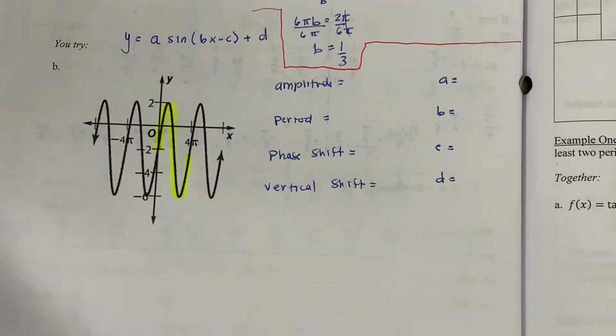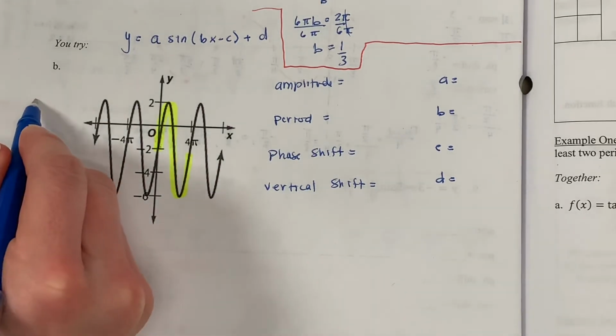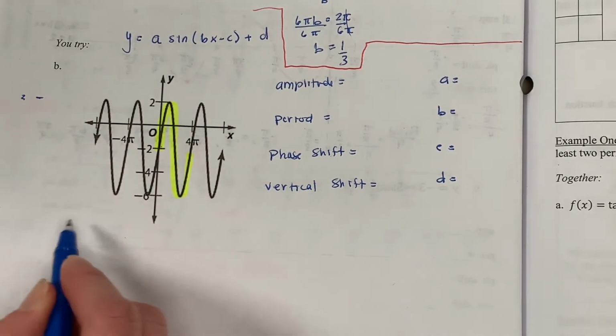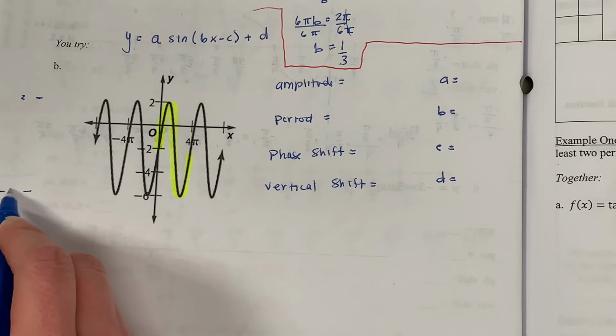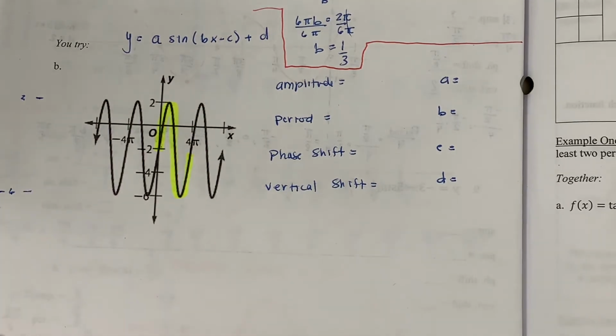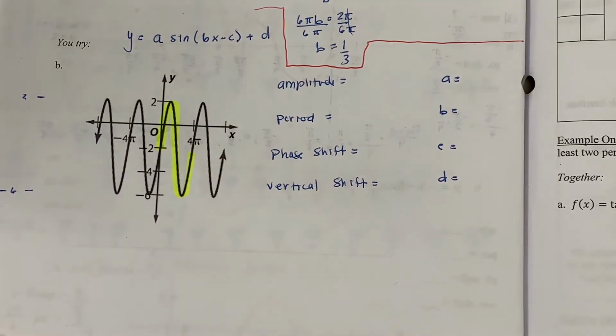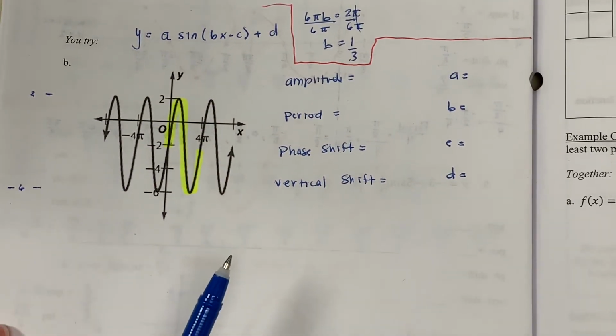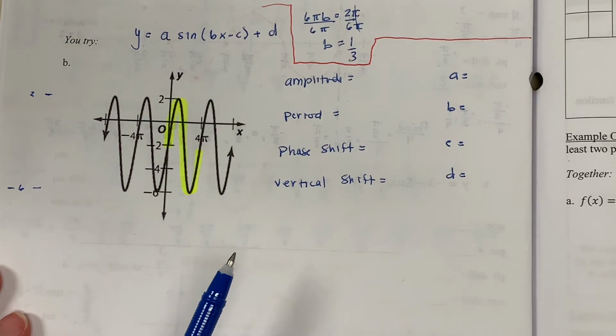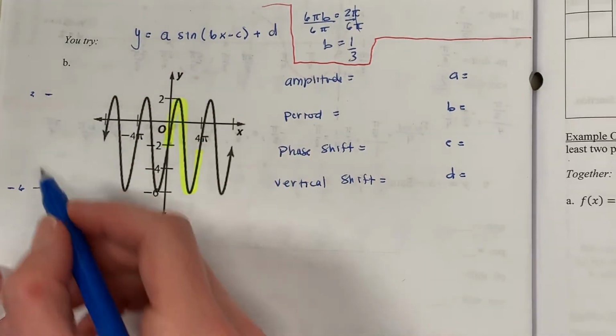the distance between the y values: the maximum is at 2, and my minimum is at -6. The distance between 2 and -6 is 8 units. Divide that in half, and my midline is going to fall 4 units from 2 and -6.